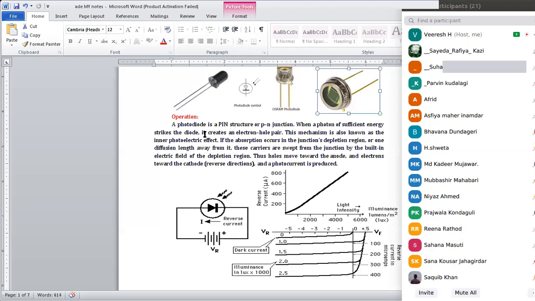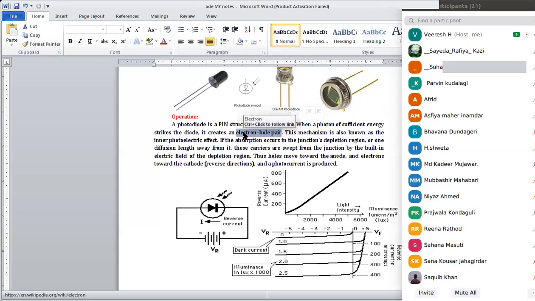Now see here, whenever sufficient photon energy or light energy falls upon this diode, on that surface, that light is going to create electron hole pairs. It is going to create electron hole pairs.